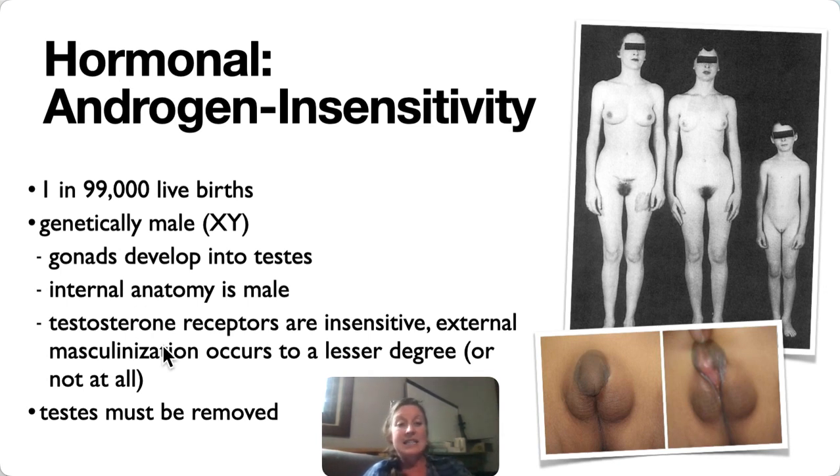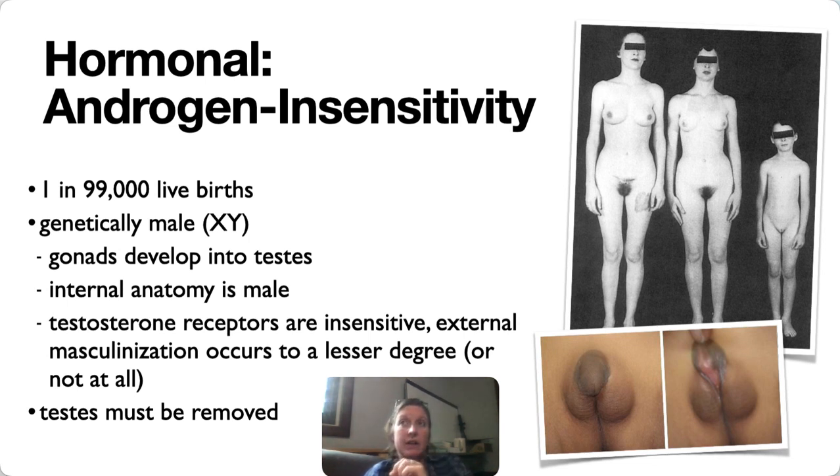Now, these individuals typically, if they discover this at all about themselves, discover it when they fail to menstruate or are unable to have children because they lack the internal anatomy for that. In this case, they don't have a uterus, so they can't even carry a child through in vitro fertilization.